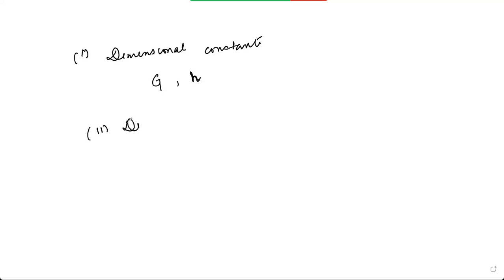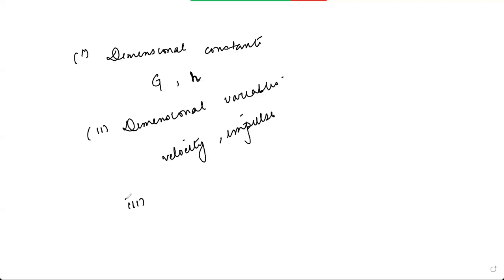Number two, dimensional variables. Dimensional variables are those physical quantities which possess dimensions and do not have a fixed value. That is velocity and impulse. These are dimensional variables. Number three, dimensionless constants.